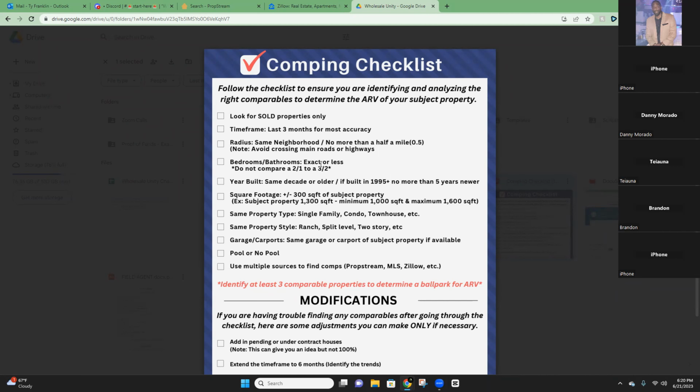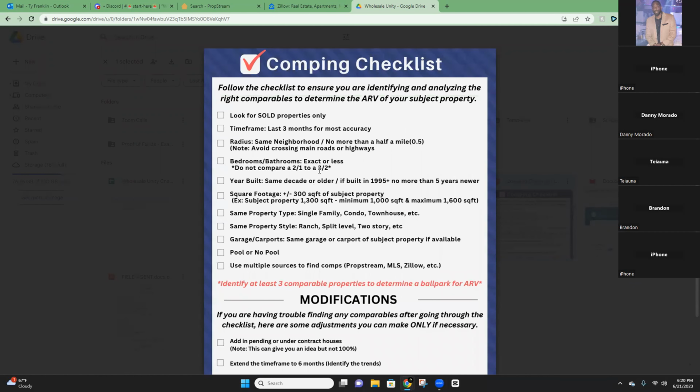So if anything, you want to compare down. If my subject property is a 4-bed, 2-bath, I want to compare that down to probably a 3-2 if I'm not seeing any 4-bed, 2-baths in the area. I don't want to compare it to a 5-3 or whatever the case may be, unless I have to, because once it gets up there, the square footage gets a little bit different, right?